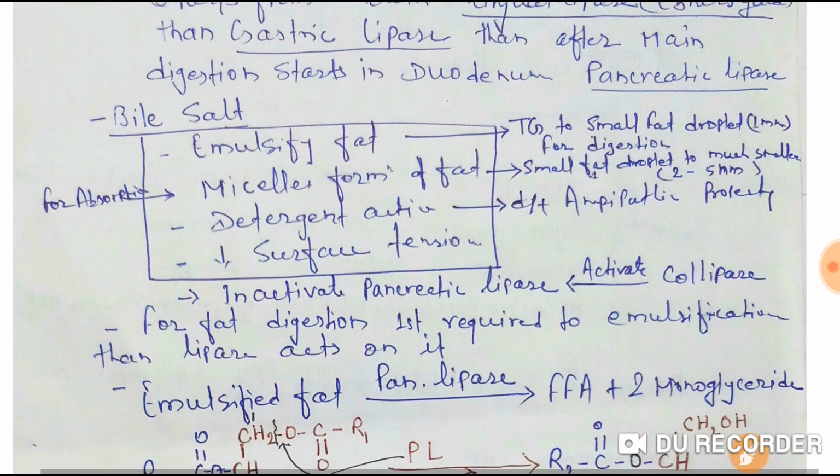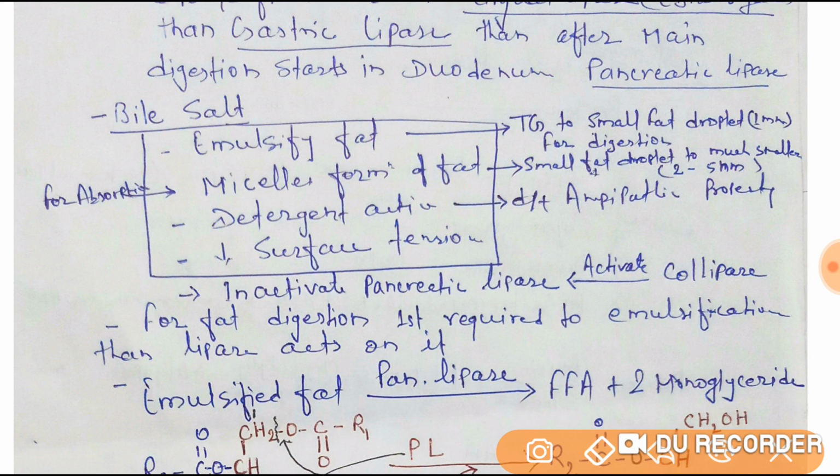Let us discuss the fat digestion. The bile salts, which are present in the bile juice, have the property to emulsify the fat.